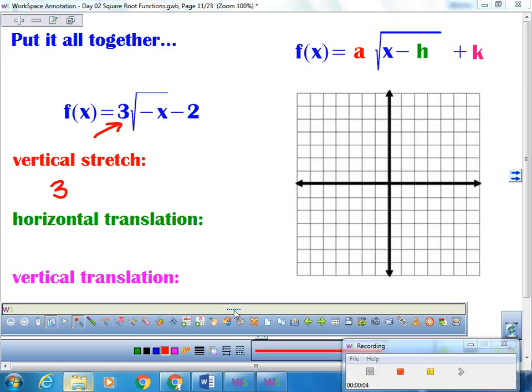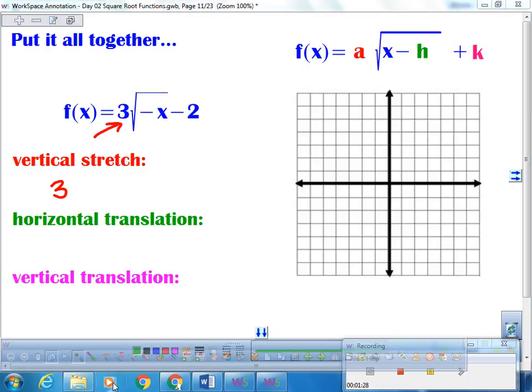Our horizontal translation on this one is, there is no shift, right? There is no shift, but it is going in this direction. Does that make sense because of the negative?